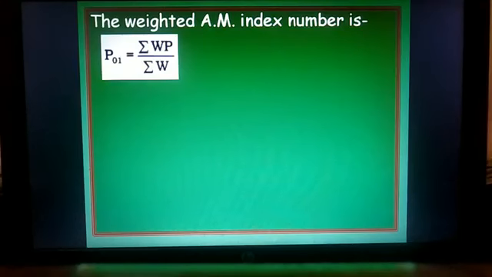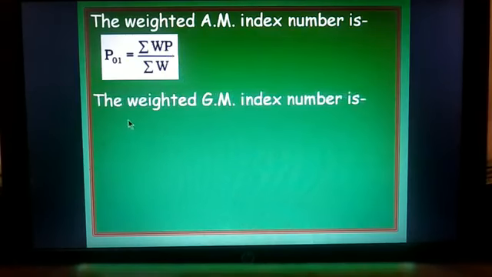In the last year syllabus we have learnt it. In place of X we are having here P, because it is the method based on price relatives. This is the capital P, try to understand. It's not a small p. What is capital P meaning? It is price relatives. What is price relative? P1 by P0 multiplied by 100, and W is the weight applied.